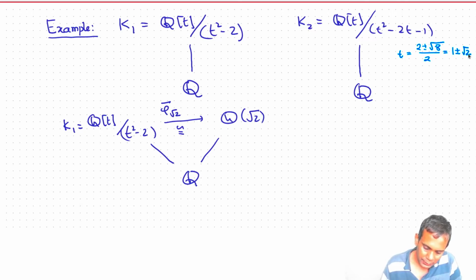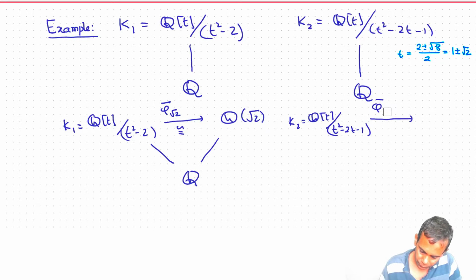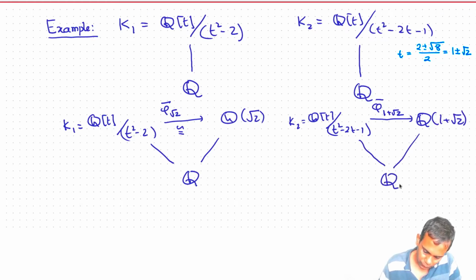Okay, so in a similar manner, we can think of this K2 as Q[t] mod t squared minus 2t minus 1, but using the map phi bar, say 1 plus root 2. This goes to Q(1 plus root 2). And this is an isomorphism over Q.